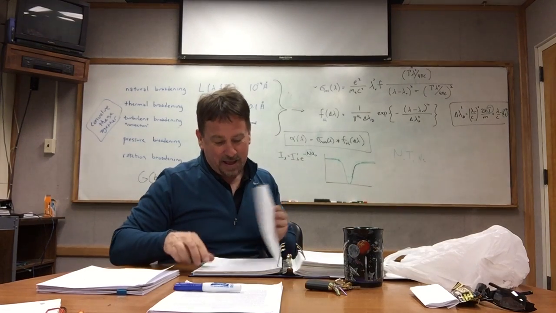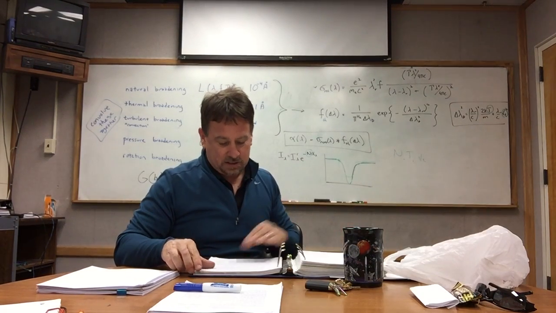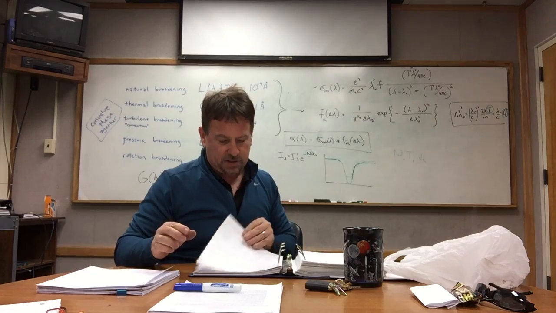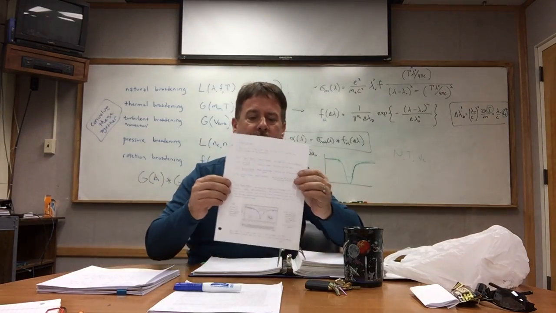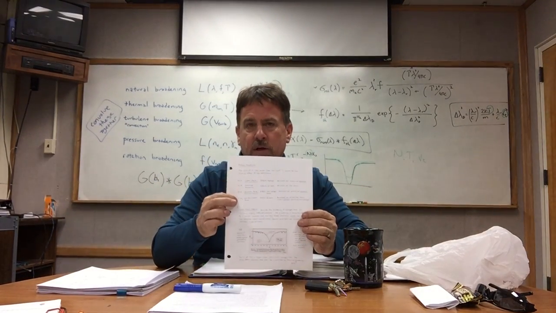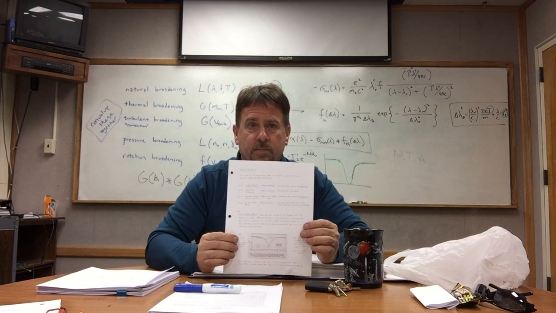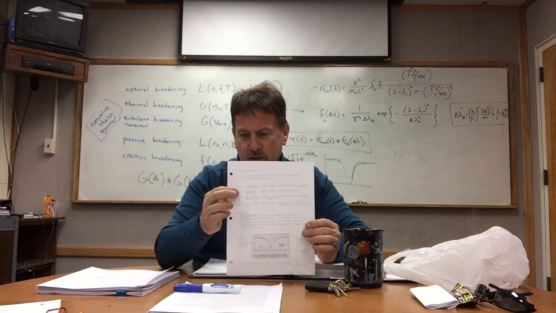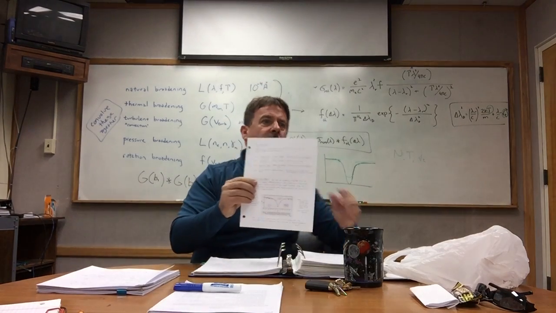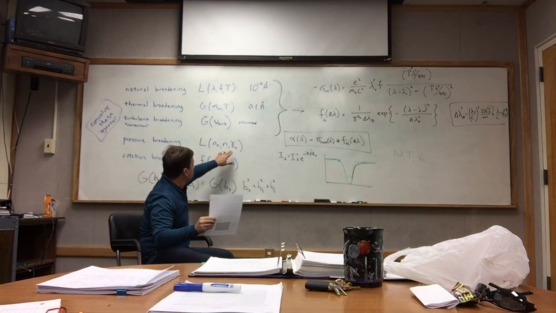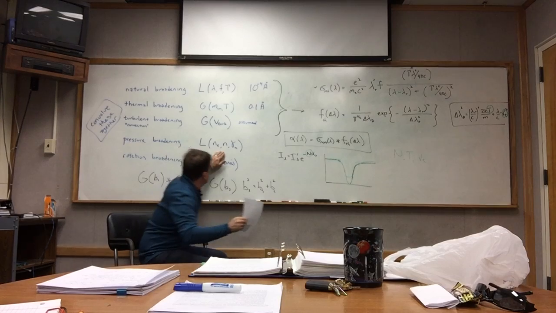Okay. But what I want to do then is say to you, let's not worry about the derivations. Let's worry about the types of pressure broadening that exist out there. Okay, so this little n that I was talking about, the index, this is Lorentzian.